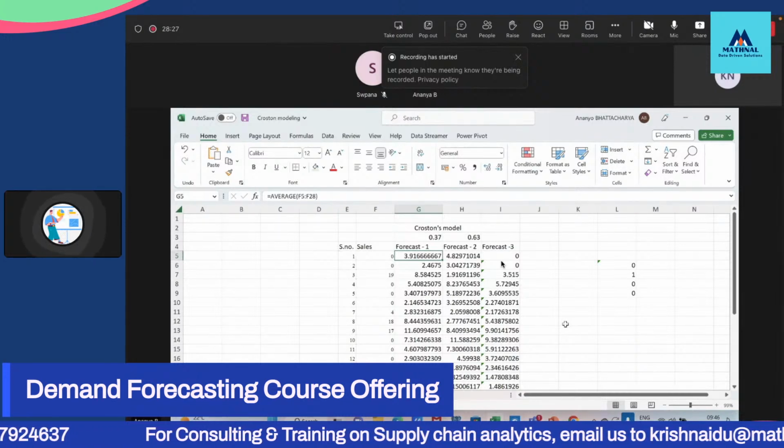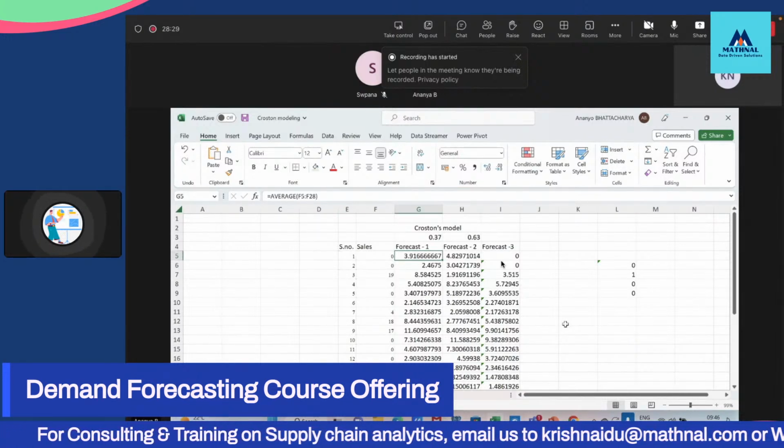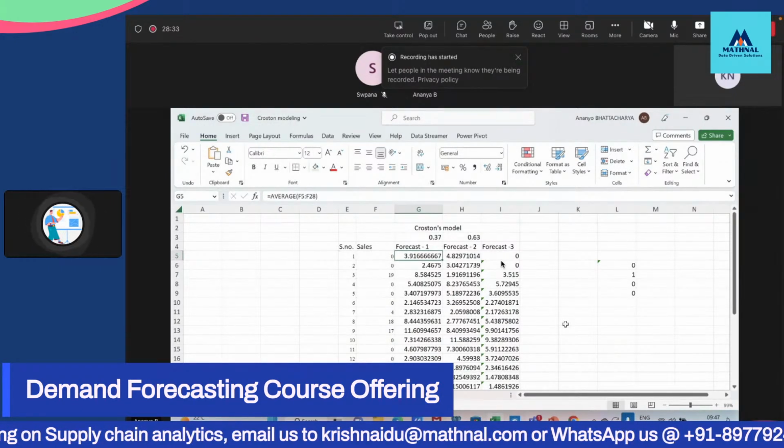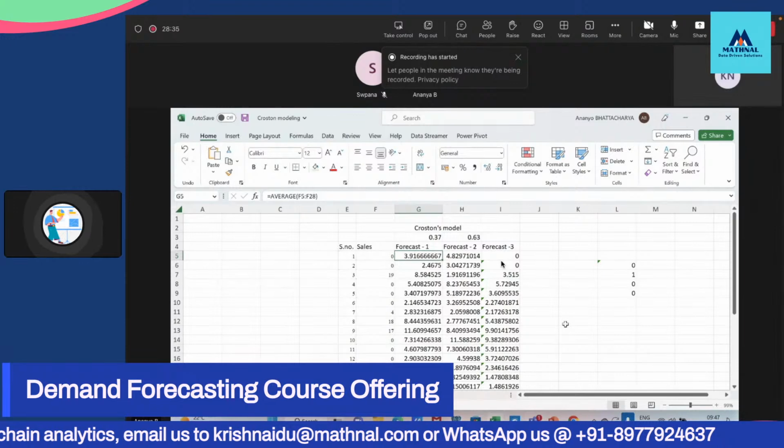So we have to carefully choose our first value. If we choose a first value and our accuracies are not very high, we can change our first value. So that is one of the levers. The first forecast value is one of the levers, because this impacts our forecasting accuracy.